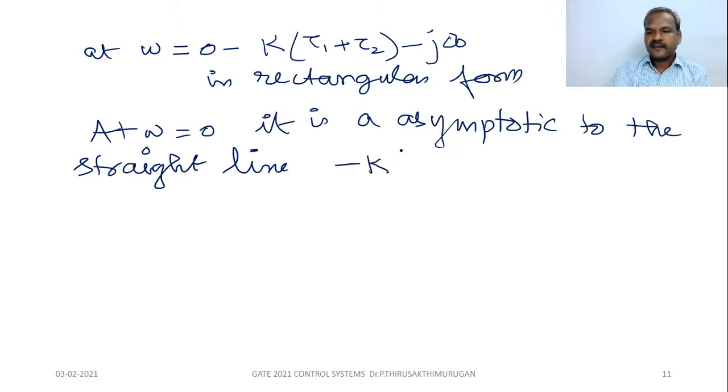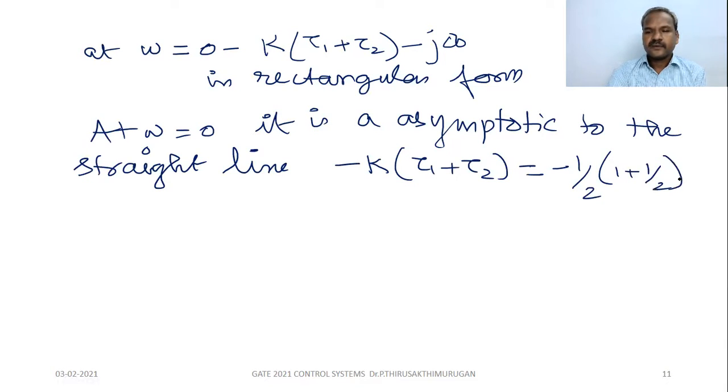It is K into (tau 1 plus tau 2), so this equals minus 1 by 2 into (1 plus 1 by 2). This becomes 3 by 4. Okay, 3 by 4 is the asymptote. Understand?